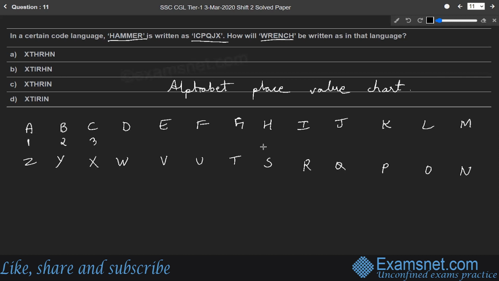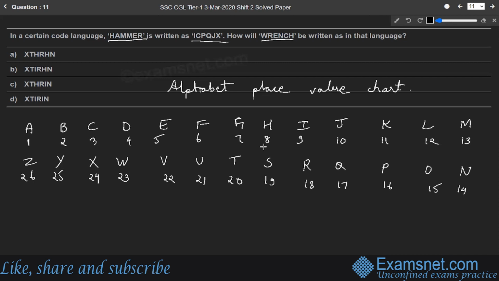In the same way, next numbers will be 4, 5, 6, 7, 8, 9, 10, 11, 12, 13, 14, 15, 16, 17, 18, 19, 20, 21, 22, 23, 24, 25 and 26.